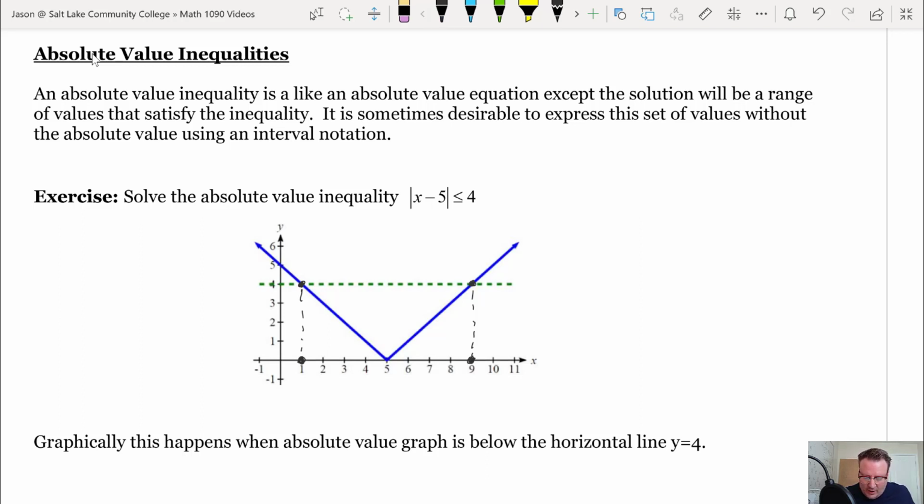And so when are the y values of the absolute value function less than or equal to 4? That's this region here between 1 and 9, and we include the endpoints. So in interval notation, the solution set is the interval from 1 to 9. We can call it a closed interval. A closed interval includes both of its endpoints.